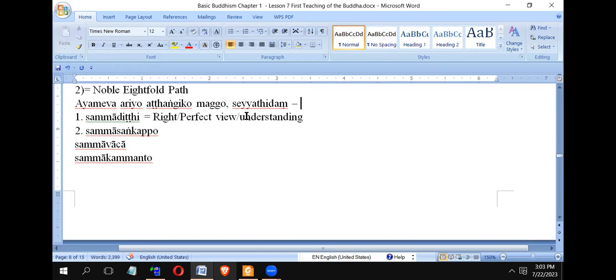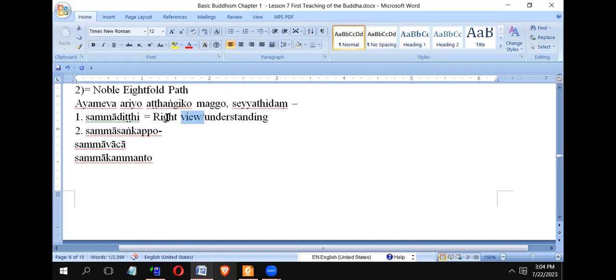Perfect view, I think maybe not common, seldom used here. Right is more common. Right view and understanding. Between view and understanding, which one is better? I think view is better. Okay, because of ditthi.